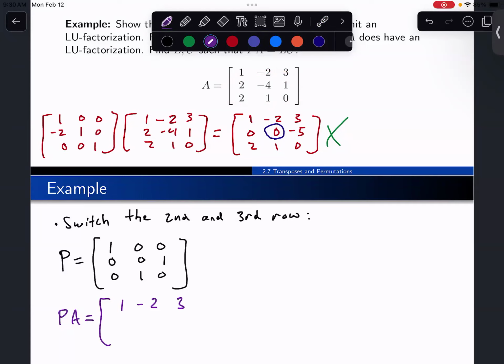And then the second row of this new matrix will be the third row of the old matrix, so it'll be 2, 1, 0. And then the third row is going to be the old second row, so this is 2, -4, 1. Okay, and so now we want to apply LU factorization to this matrix instead and see what happens.